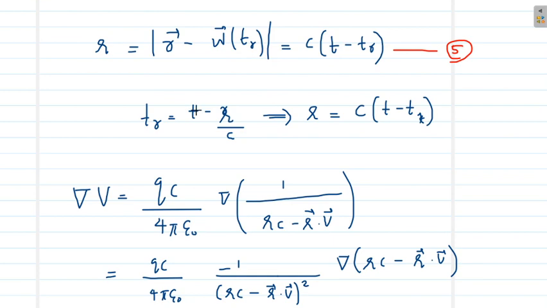Now we need to find the del of (Rc minus R bar dot V bar) in order to elaborate on this term. So let us find each of these terms inside this gradient. First, let us take del of Rc. Here c is a constant, so we need to just take del of curly r. So del r is equal to del of c into (t minus tr), the magnitude of curly r.